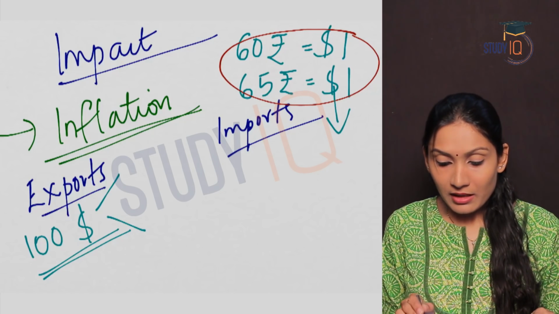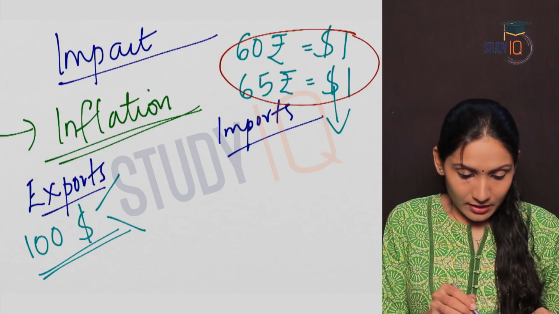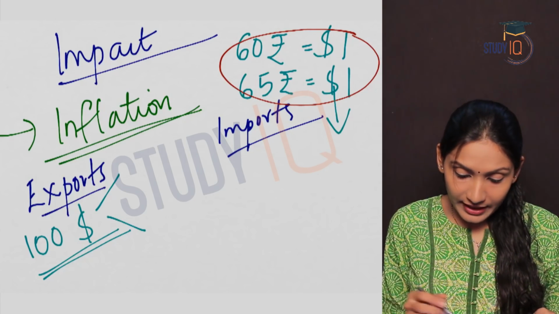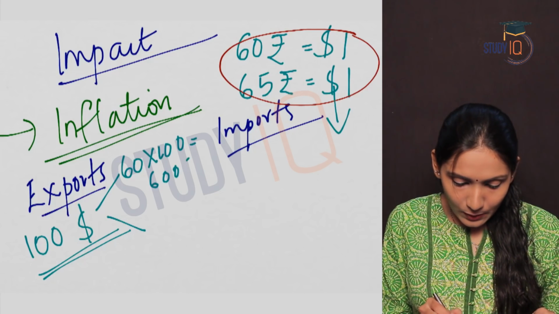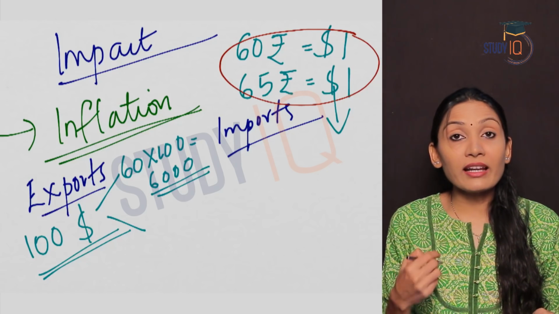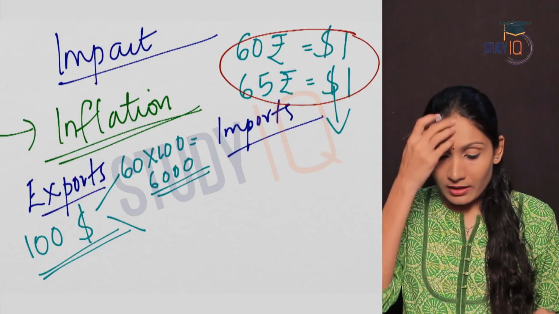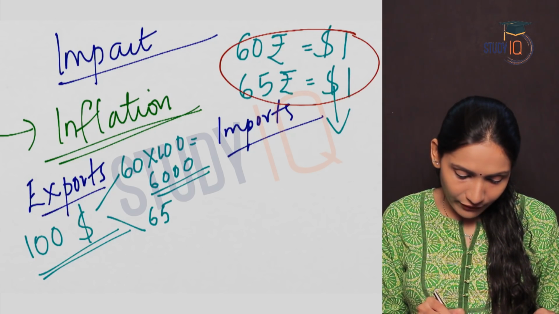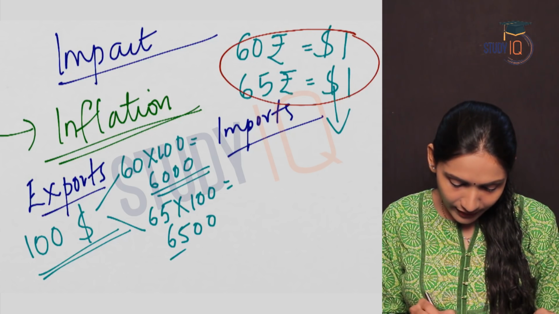So before the devaluation, 60 into 100 will give you 6,000. So your income was 6,000 rupees. And after devaluation, what has happened? The value of the Indian rupee has come down, and now it is 65 rupees. So you will get 65 into 100, which means you are earning 6,500.